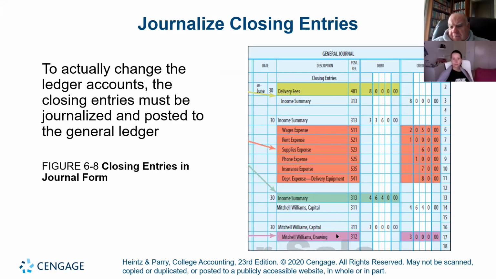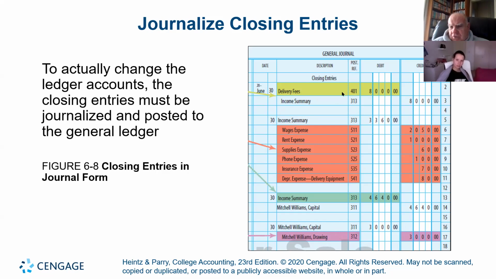And what did we say about drawing? Drawing is closed directly to capital. Drawing has nothing to do with income or the income summary or the income statement. So you close drawing with a credit and you reduce your equity with that debit.